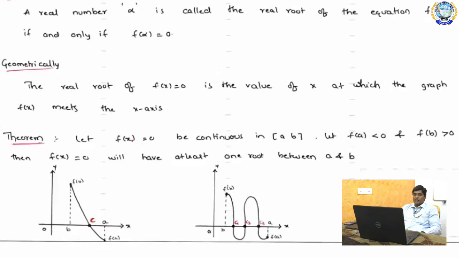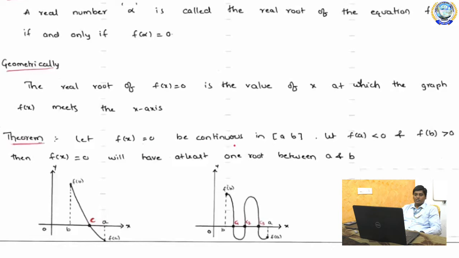In these methods, we especially have to discuss a fundamental theorem for roots. Let f(x) be continuous in a closed interval [a, b], where f(x) = 0 is the equation of a given curve.